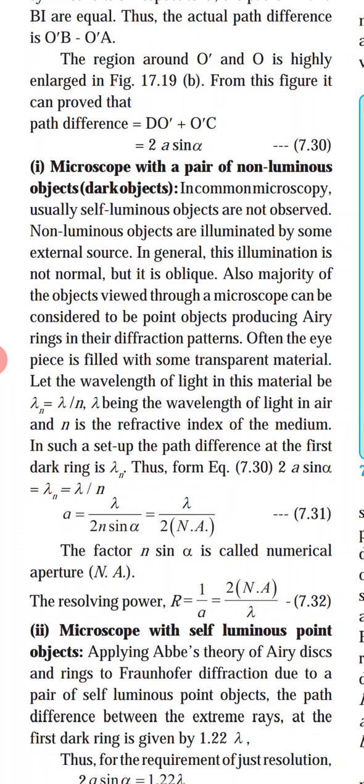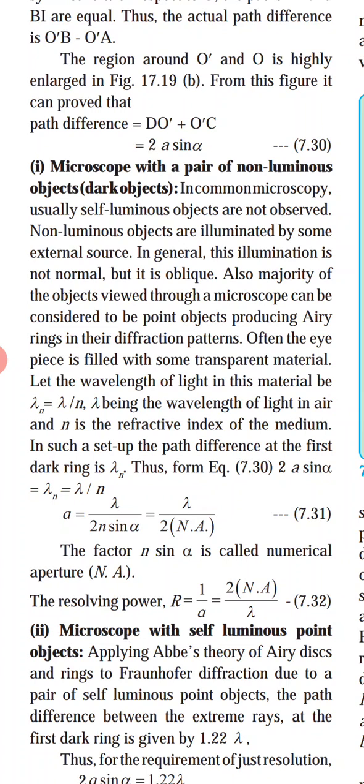Also, the majority of objects viewed through a microscope can be considered point objects producing Airy rings in their diffraction pattern. Often, the space in front of the objective is filled with some transparent material. Let the wavelength of light in this material be lambda n equal to lambda upon n, where lambda is the wavelength of light in air and n is the refractive index of the medium.